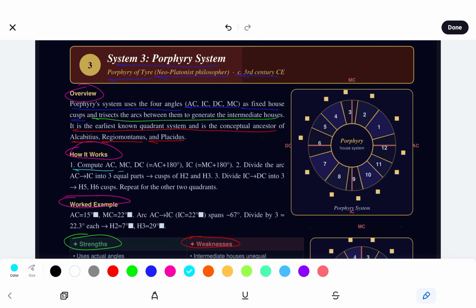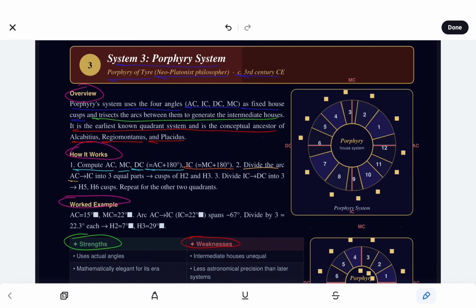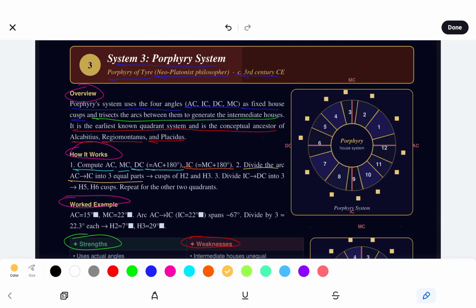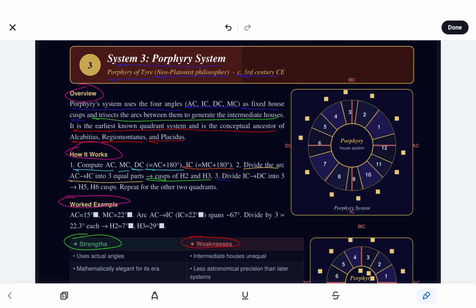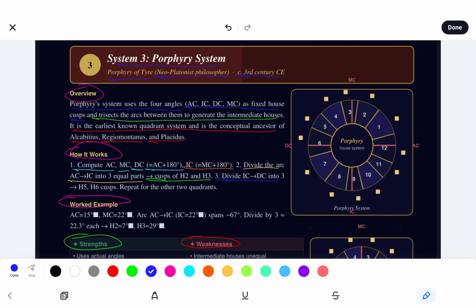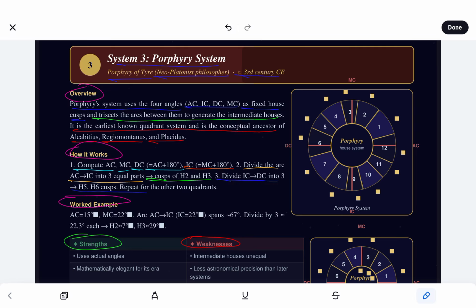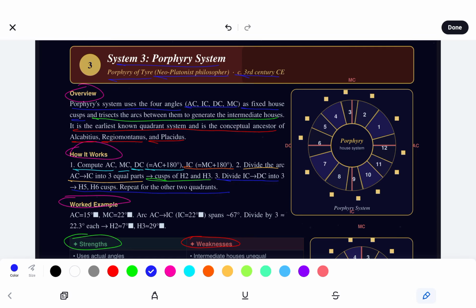Compute the ascendant, midheaven, descendant equals ascendant adding 180 degrees. IC equals the midheaven adding 180 degrees. And then divide the arc, ascendant to IC, into 3 equal parts, giving the cusps of the 2nd house and the 3rd house. And divide the Imum Coeli to descendant arc into 3, giving the 5th house and 6th house cusps.